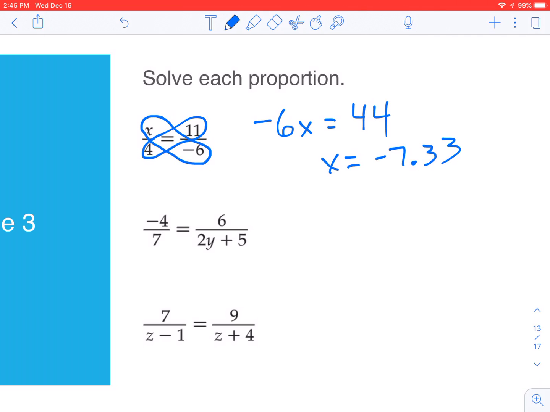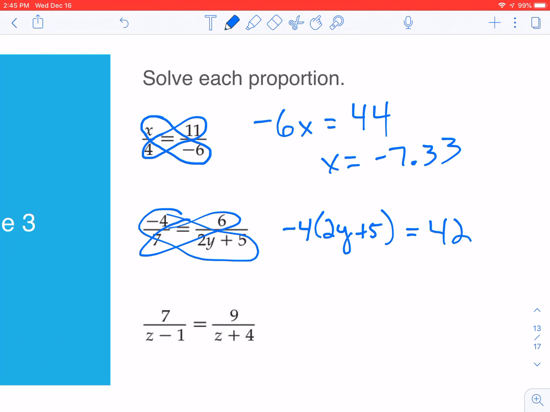Okay, my next one, same thing, going to cross multiply. But now I have to do a parentheses. Negative 4 times 2y plus 5. I want to make sure I had my positives and negatives correct. 7 times 6 is 42.